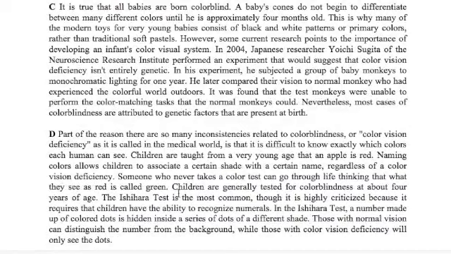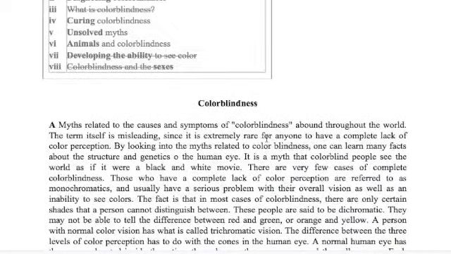Okay, let's continue with paragraph D. Part of the reason there are so many inconsistencies related to color blindness, or color blindness deficiency as it is called in the medical world, is that it's difficult to know exactly which colors each human can see. Okay, so there are inconsistencies in the medical world. Difficult to know. Okay, let's look up here.